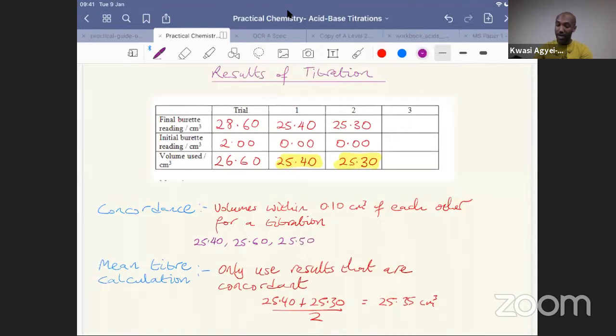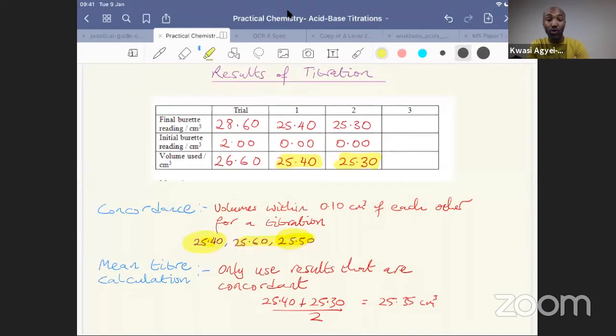Okay, so we now have three titre volumes. You have these two being concordant, but you've also got your 25.50 and your 25.40 being concordant. So what we need to do here is to use all three values, because all three values are in concordance with each other. 25.50 is concordant with 25.40.